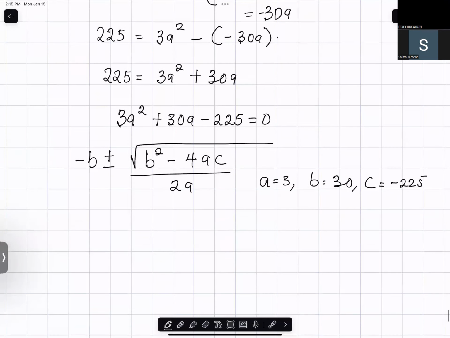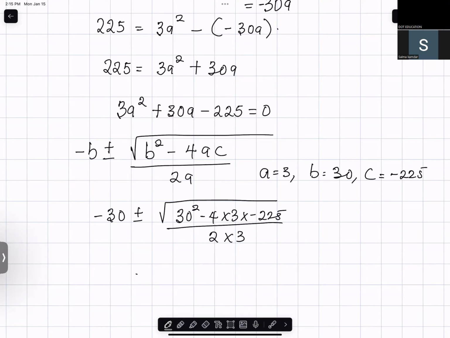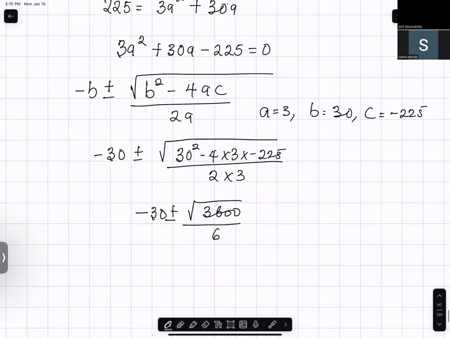So applying this formula, I have minus 30 plus or minus the square root of 30 squared minus 4 multiply 3 multiply minus 225, divided by 2 multiply 3. So we have minus 30 plus or minus root 3,600 divided by 6. That gives minus 30 plus or minus 60 divided by 6.